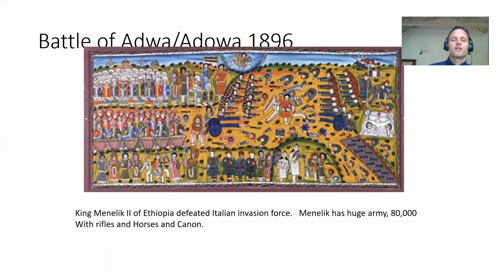He bought up a lot of industrial rifles, industrial weapons, cannons, and as much as he could from Europeans. A lot of this military equipment he bought from Russia. Because he was equipped with industrial weapons and a very astute emperor for his kingdom, he saved Ethiopia from being conquered by the Italians.